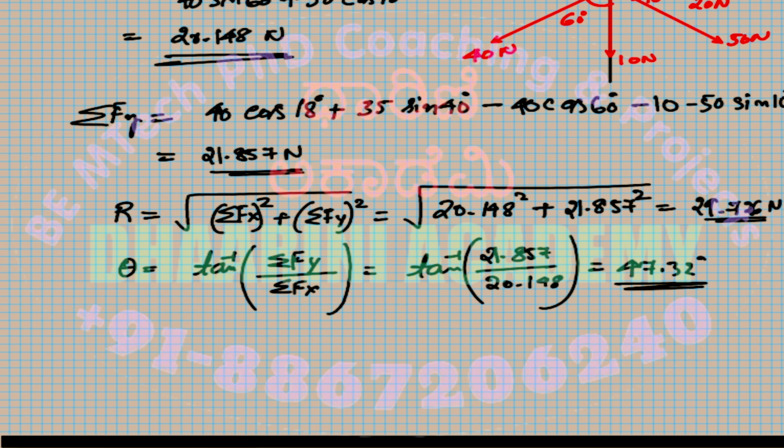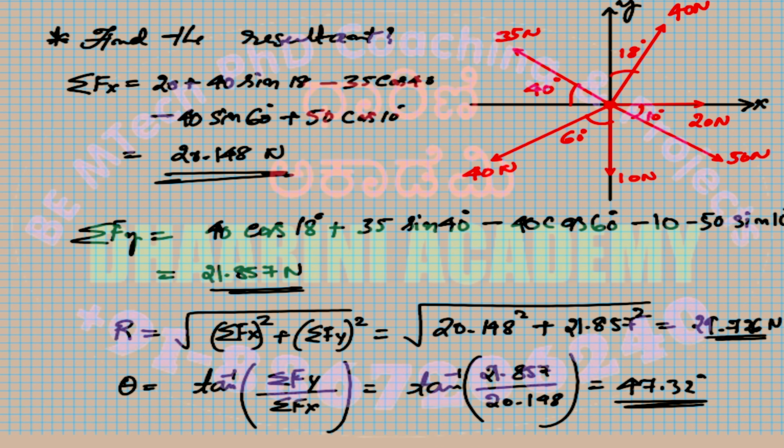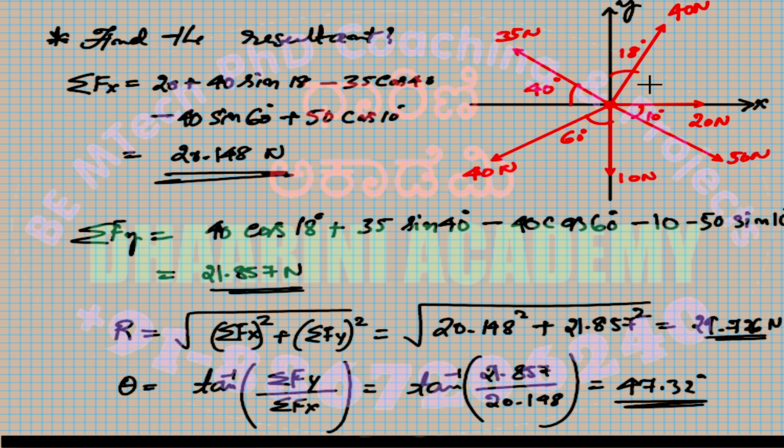So that means I now know the resultant has an angle of, let me change the color for the resultant. This is just to show, right? So there is a resultant acting somewhere here, whose magnitude is 29 point something, 29.72, and this angle is known to us, 47.32 degrees.